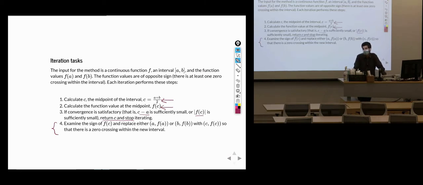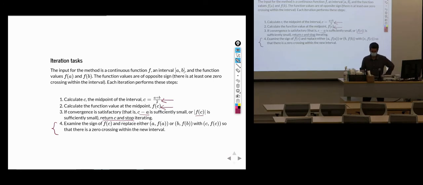Yes, because it is 0 at some point. So isn't that a case where f of a and f of b would still be greater than 0, but it touches the x-axis and bounces back up? You are talking about a very special case. So let me finish item 4 and then I'll give that example.